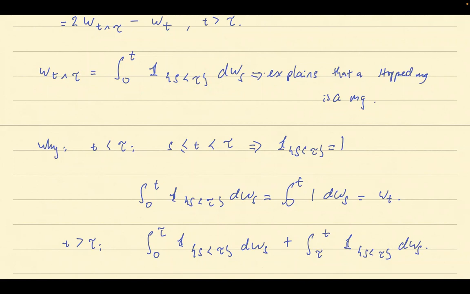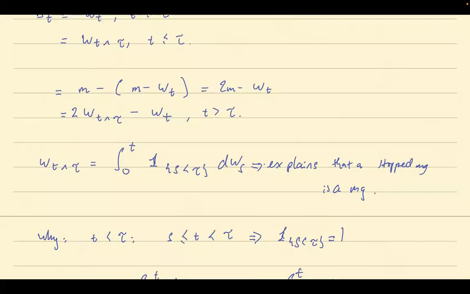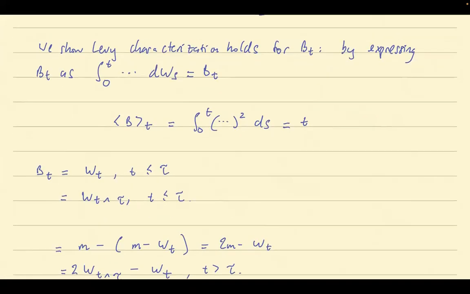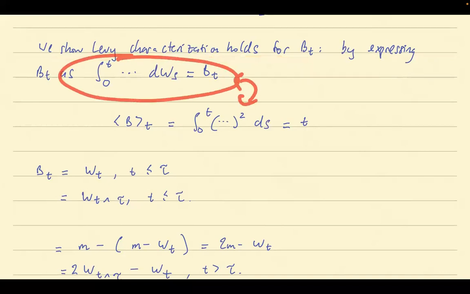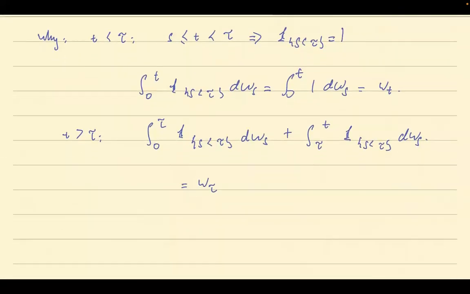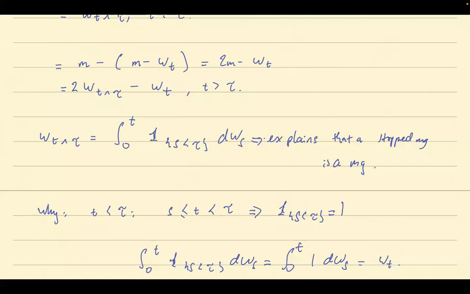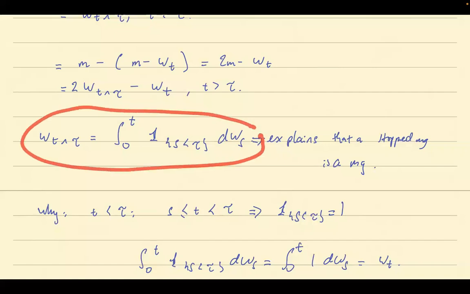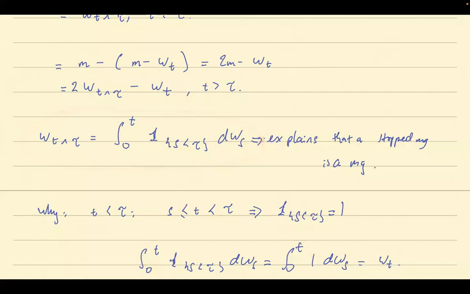Question? Okay, so to test your understanding, let's ask this. Remember, the whole deal is we want to show somehow b tau is something like this, by applying Levy characterization. We will get to b tau later. But doesn't this form give you some thoughts? Does that imply that a stopped Brownian motion is a Brownian motion?